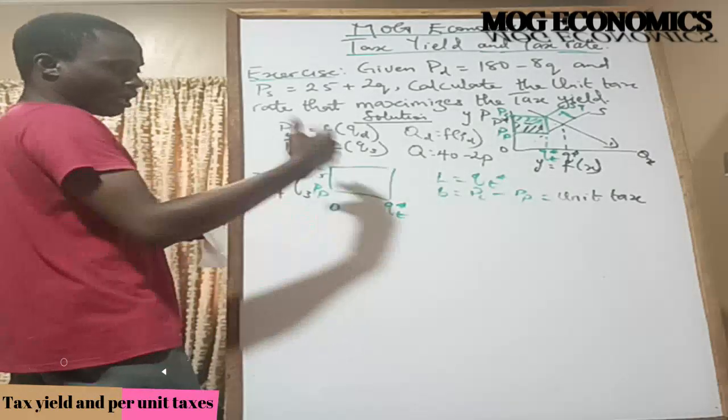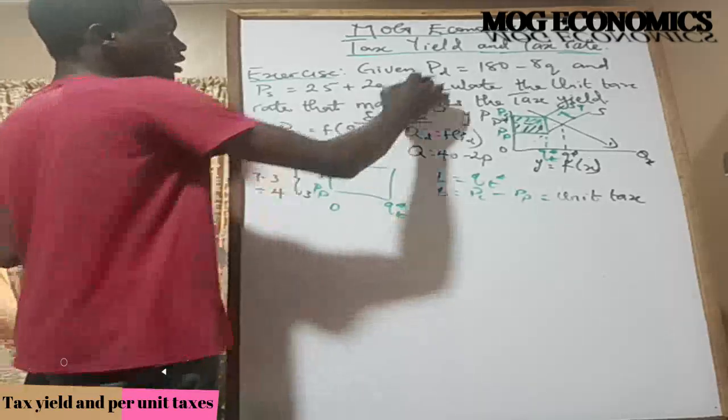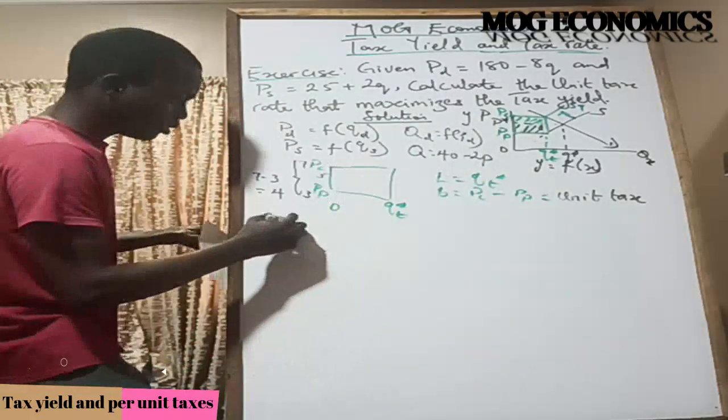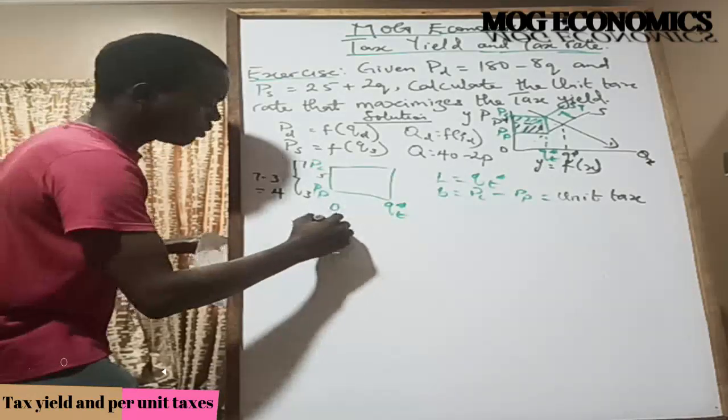All right, applying all of this understanding, let's go into what we are supposed to do today. Look at it. PD is 180 minus 8Q.